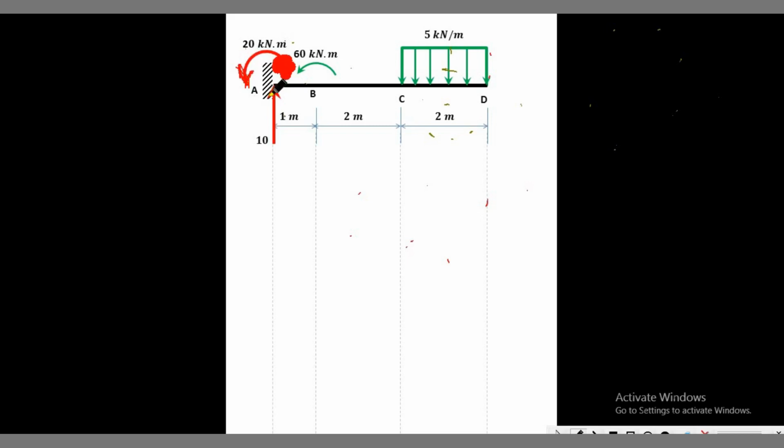Paki-double check counterclockwise. Okay po.